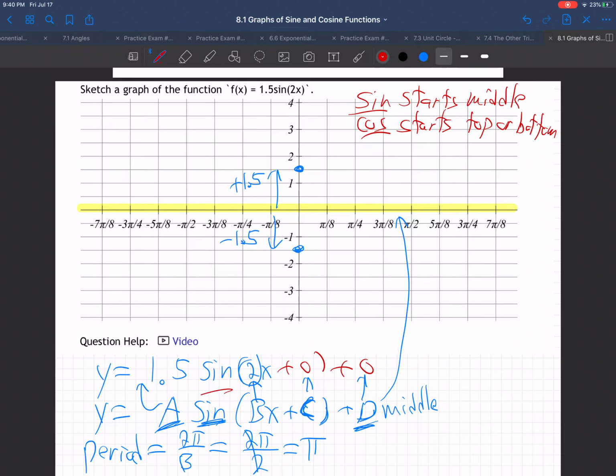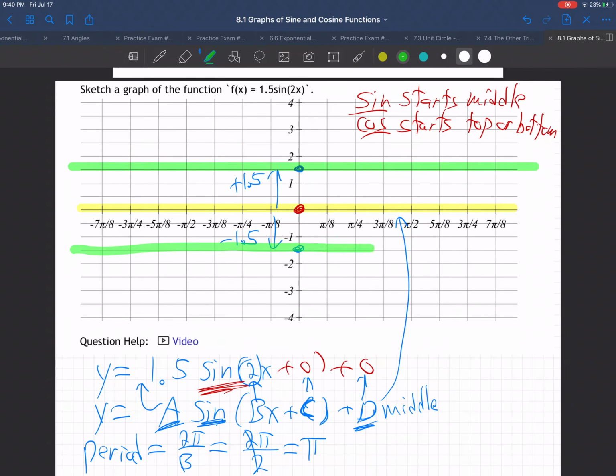So ours is a sine graph, so it's going to start in the middle, which is 0 right here, and go up to its top. There, 1.5, that's going to be the top, and minus 1.5 is going to be the bottom of our sine graph.